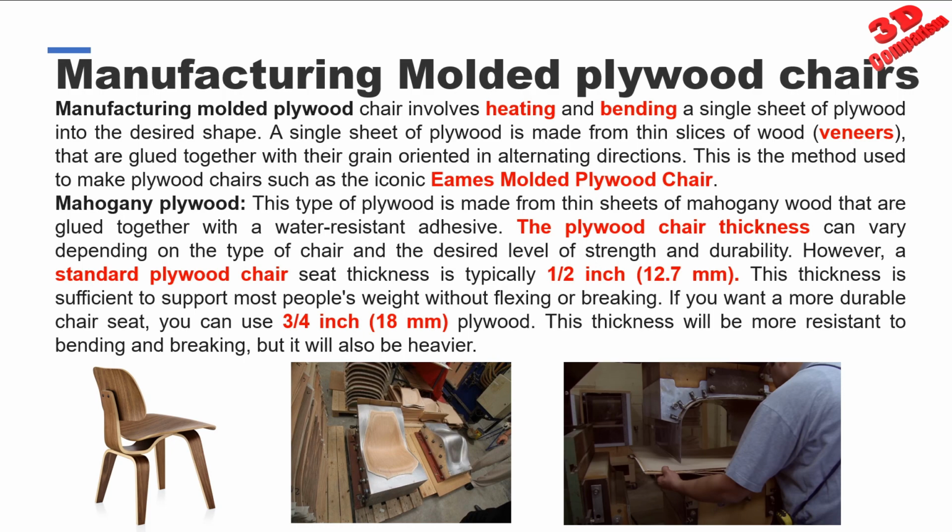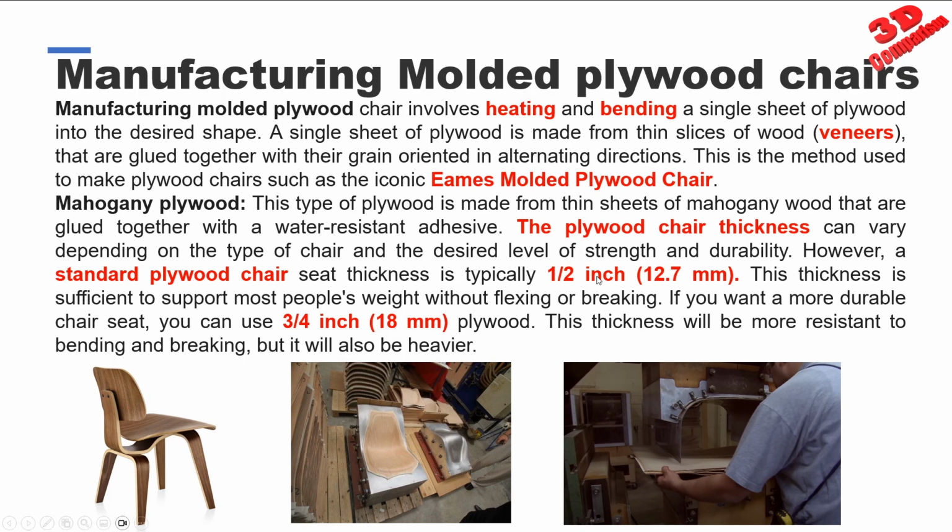And we see that the typical value for that thickness is around half an inch, or in millimeters 12.7 millimeters, but we can go further up to 18 millimeters or so. Keep in mind that if you add thickness to that chair, it will also be more resistant to bending, but it also becomes a lot heavier.